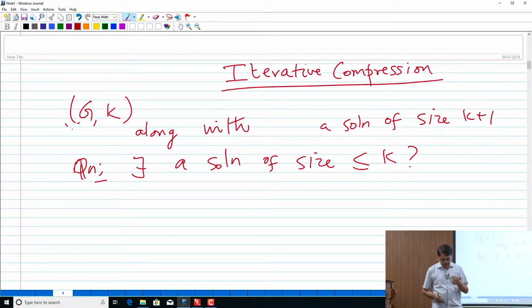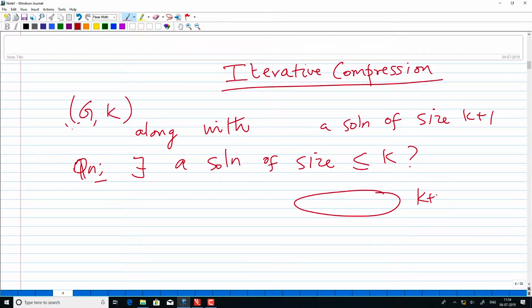Okay, so let's take vertex cover. Now I want to design a fixed parameter tractable algorithm for this special problem where you are also given a k plus 1 size solution. So you are given a k plus 1 sized, let's say, vertex cover.